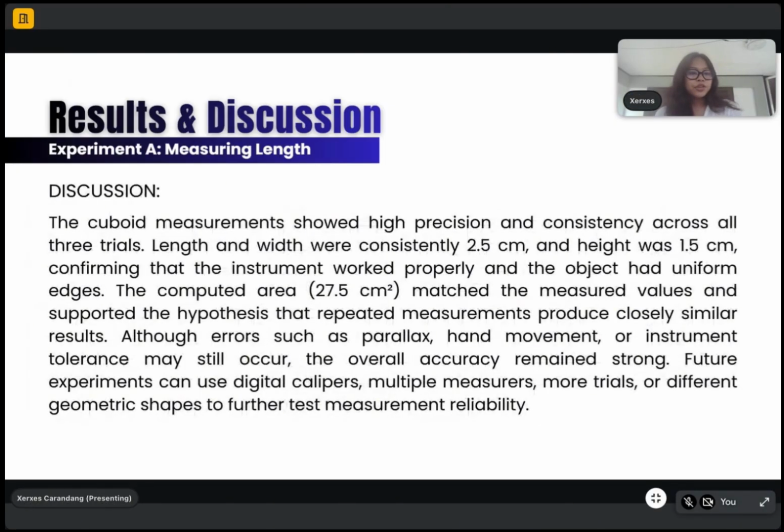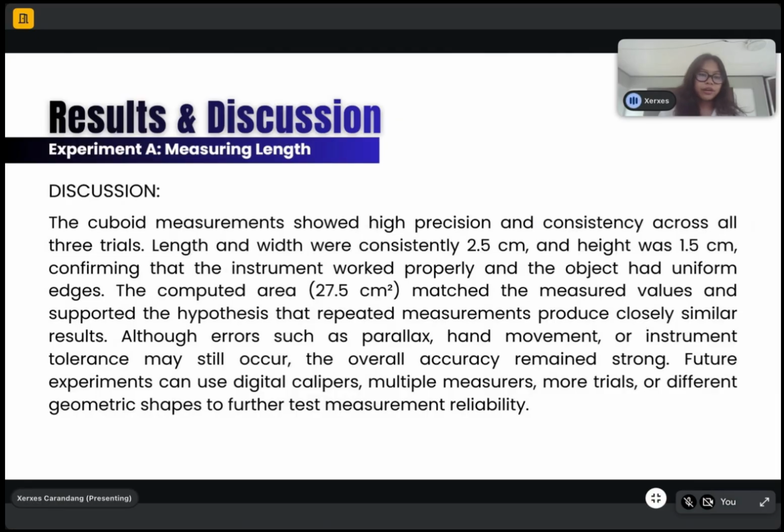The cuboid measurements showed high precision and consistency across all 3 trials. Length and width were consistently 2.5 centimeters, and height was 1.5 centimeters, confirming that the instrument worked properly and the object had uniform edges. The computed area, 27.5 centimeters squared, matched the measured values and supported a hypothesis that repeated measurements produce closely similar results.